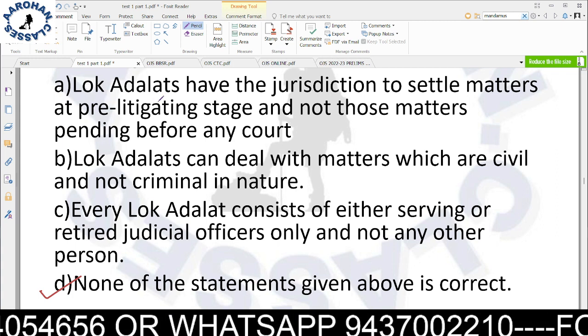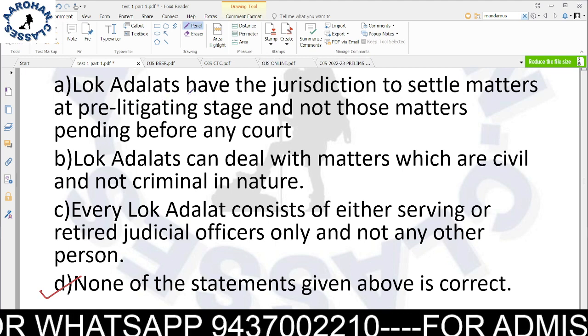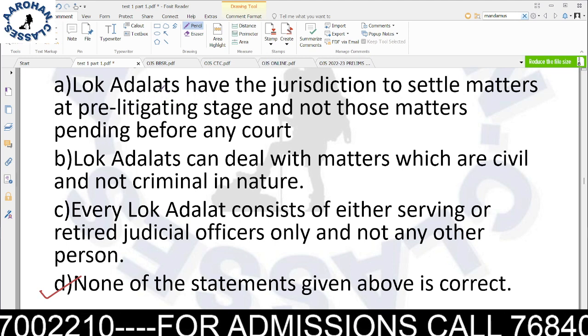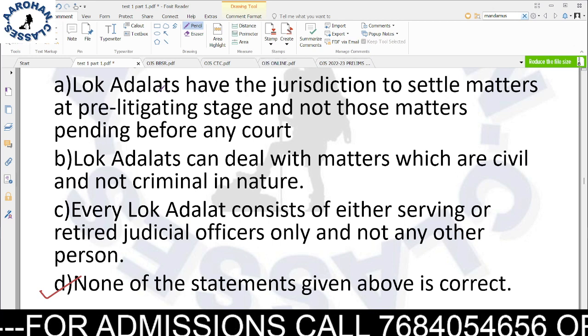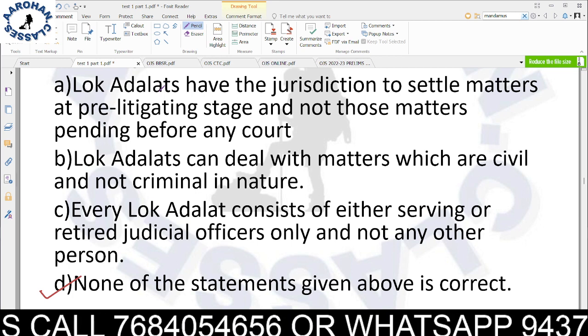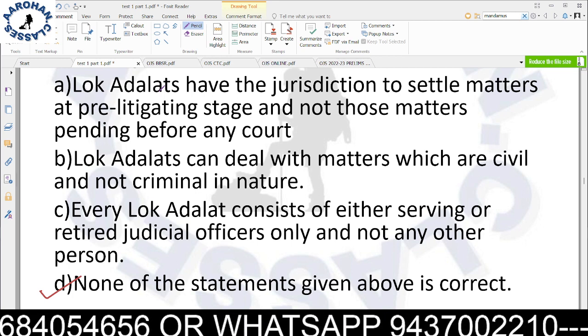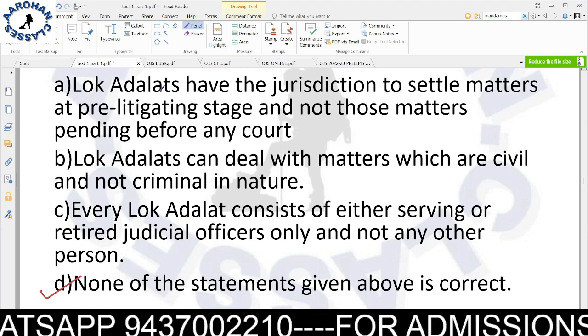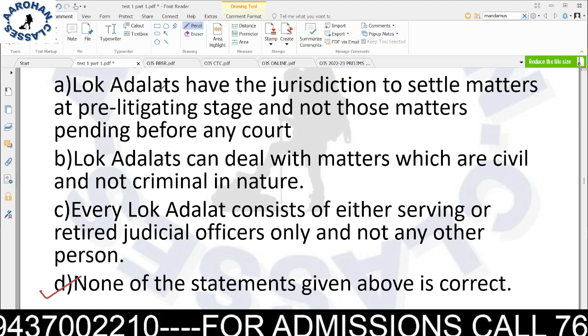Even if the matter is pending in a court, okay, with the permission of the court, or if both sides agree, then that can also be sent to Lok Adalat. Okay, if both parties agree. So A is wrong. Next: Lok Adalats can deal with matters which are civil and not criminal in nature.